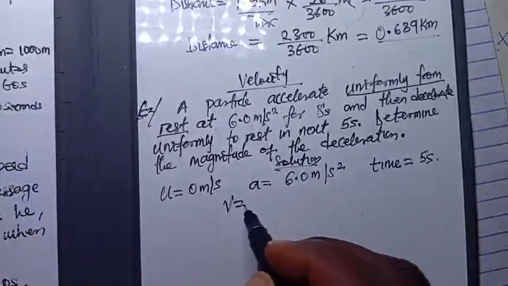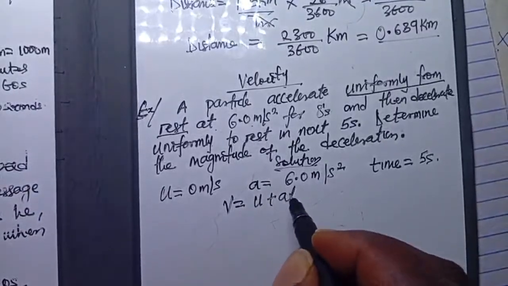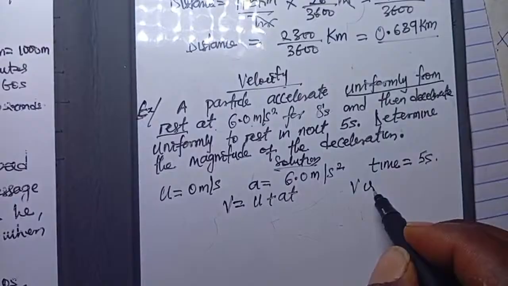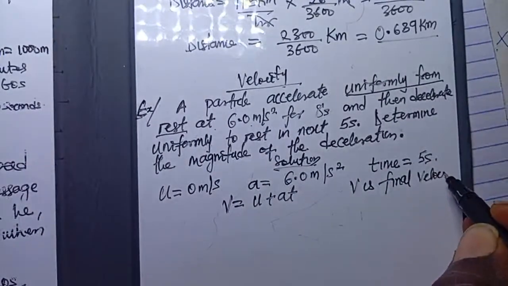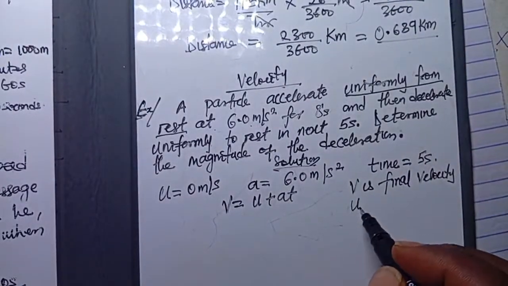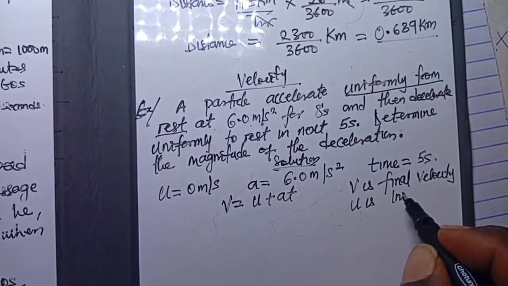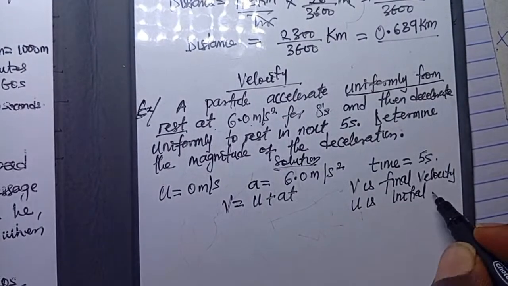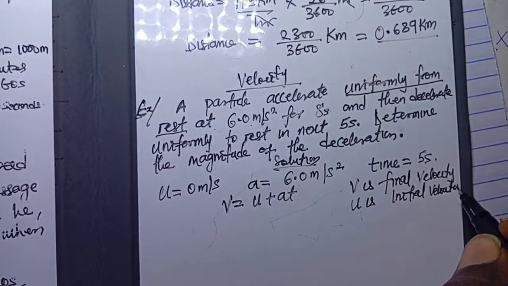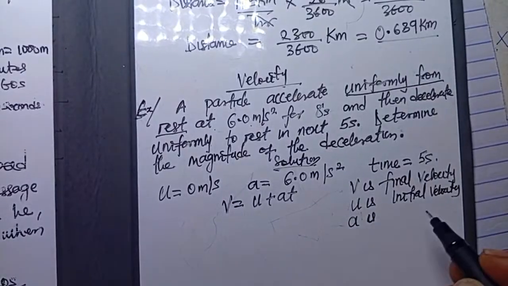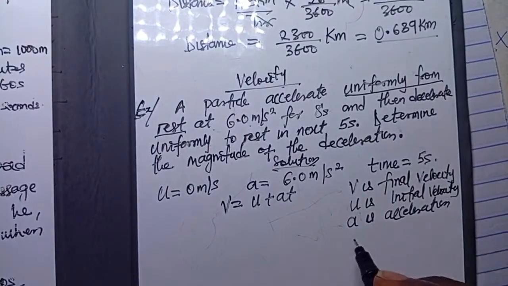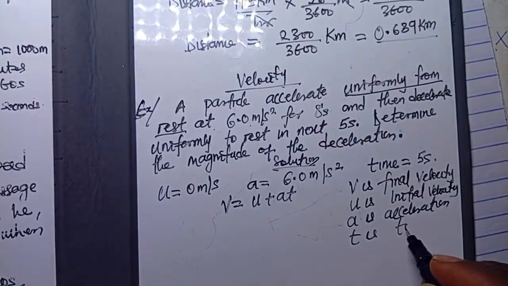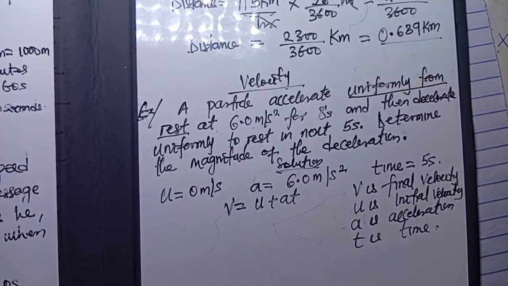V is equal to U plus AT. V is final velocity. U is initial velocity. A is acceleration. T is time. Try to write this somewhere.